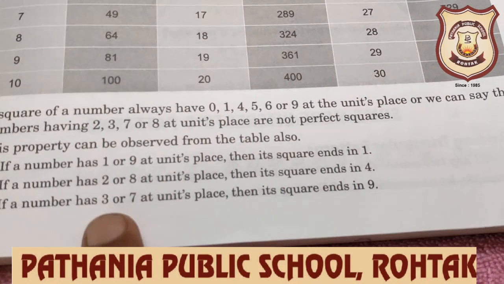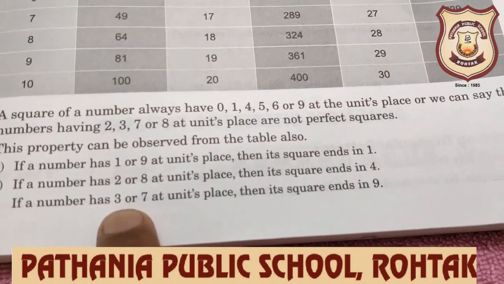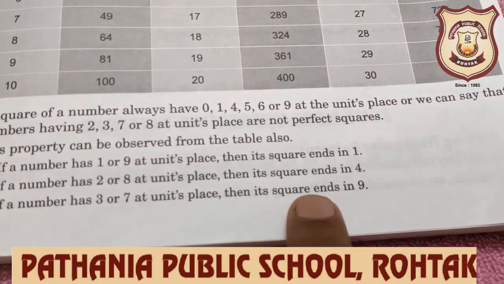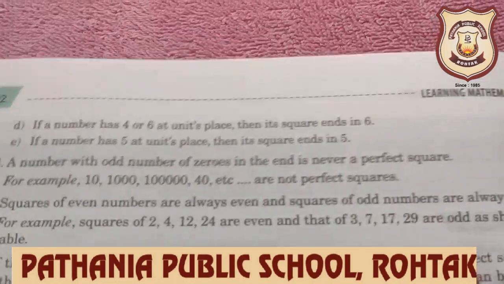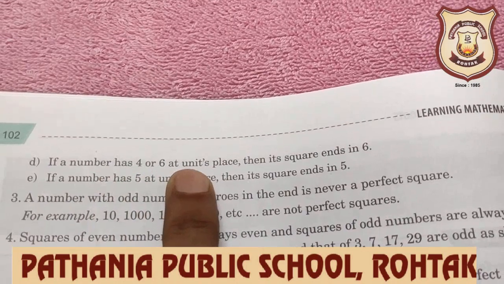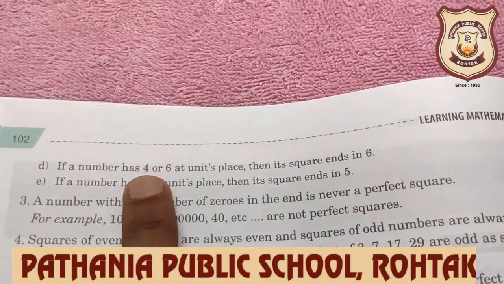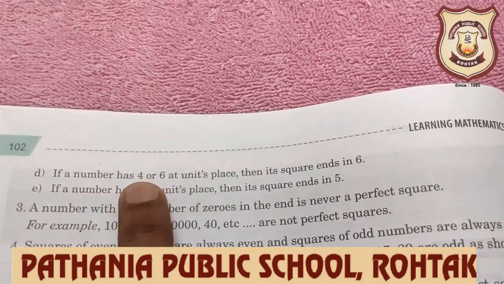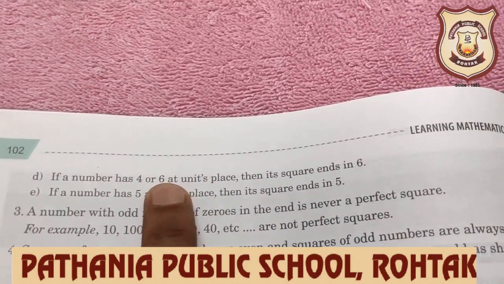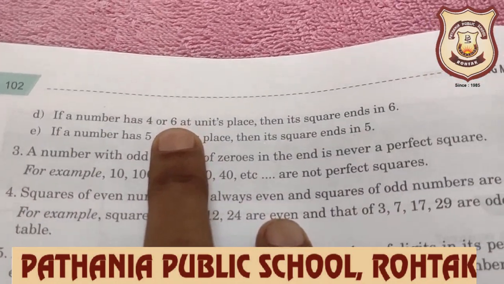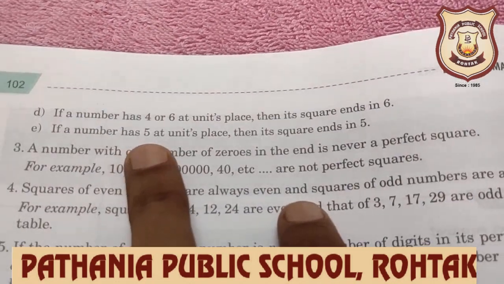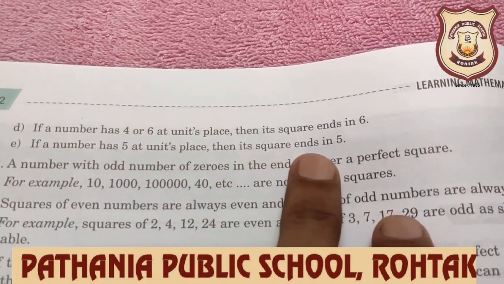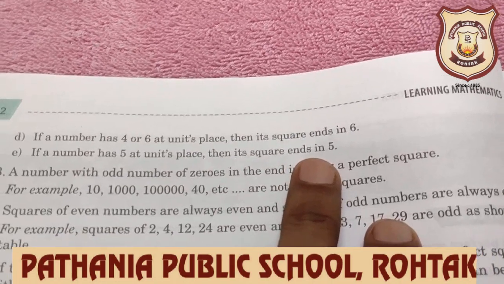So I am saying, if the number ends at 3 or 7, then its square ends in 9. And if a number has 4 or 6 at units place, just like 14, what is the square of 4? 16. What is the square of 6? 36. So the square ends in 6.